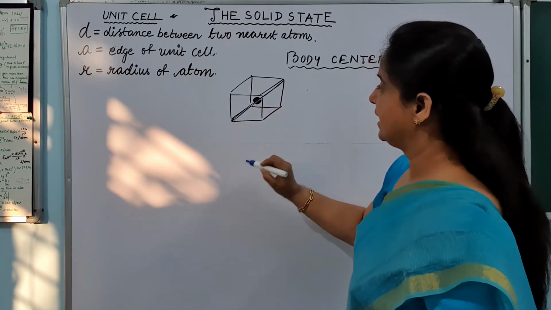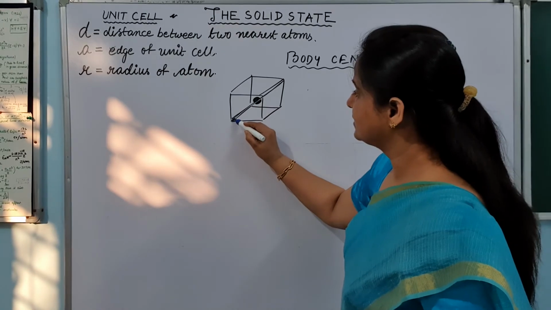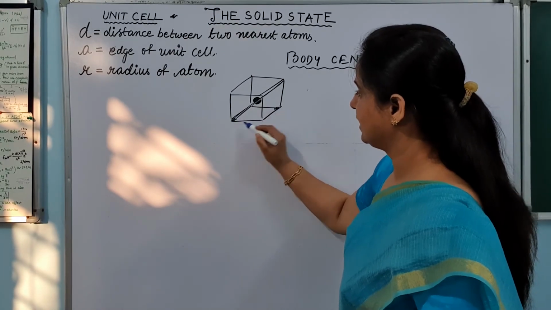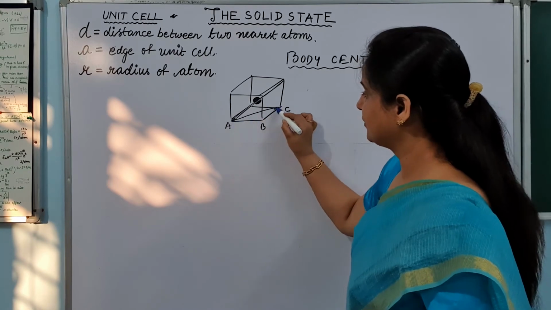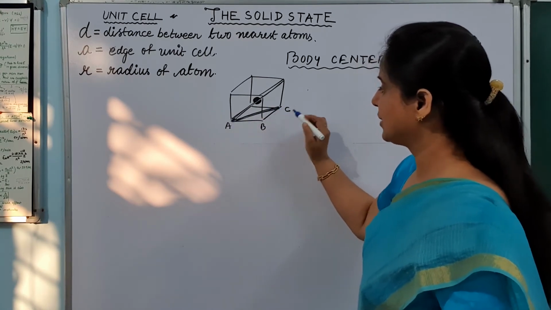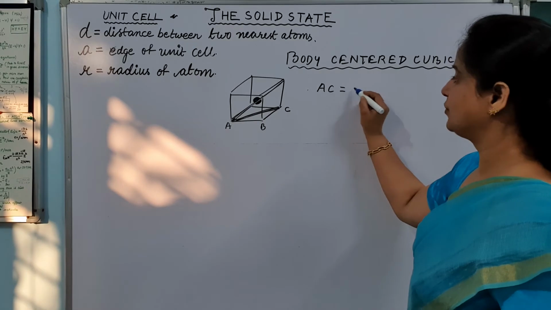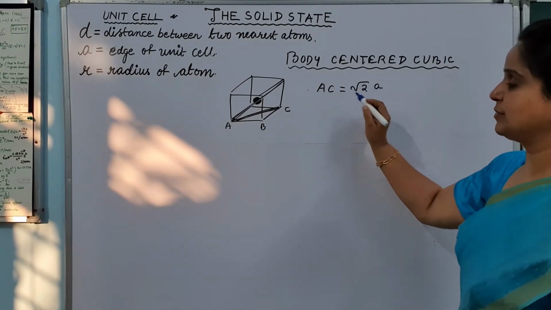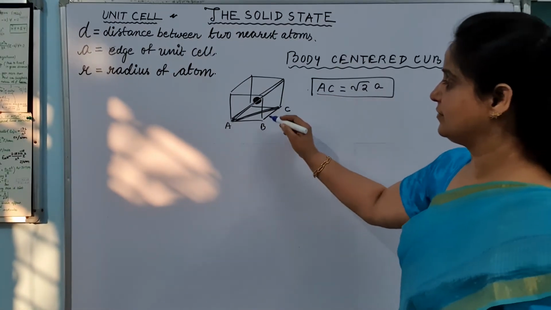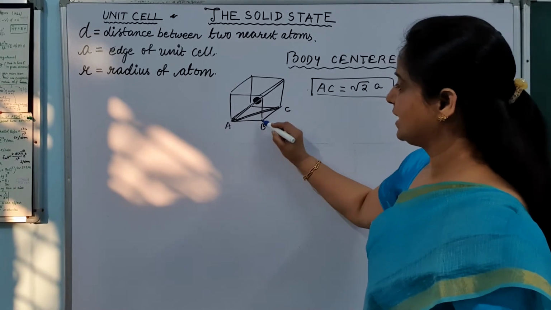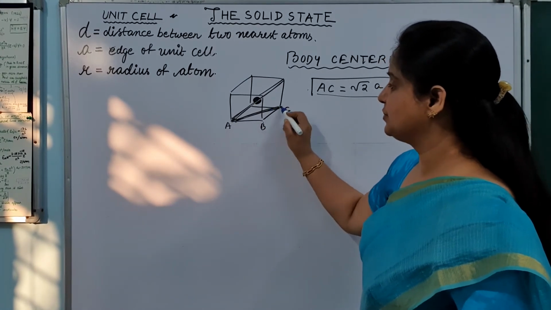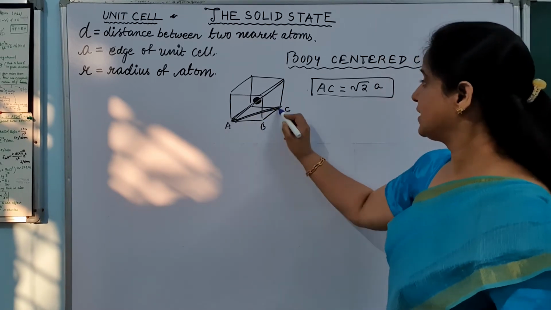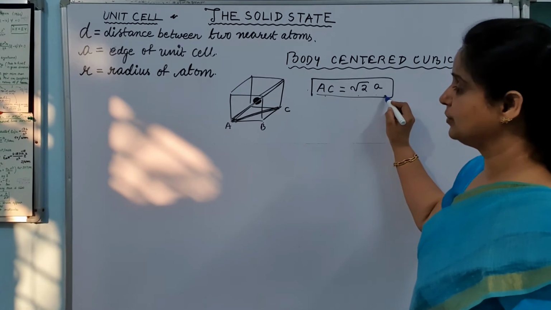We have already considered this face: this was A, this was B, this was C, and we calculated AC. Remember that AC was found to be root 2A. ABC was a triangle, AC square equals BC square plus AB square. From this we calculated AC equals root 2A.